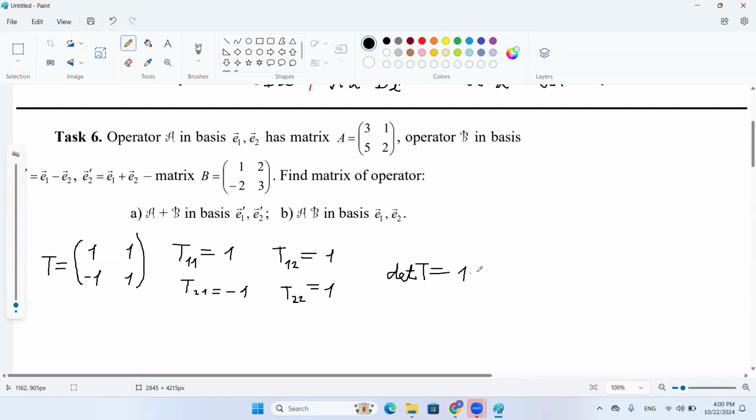So 1 plus 1, just 2. Sorry, shouldn't T of 1, 2 be equal to minus 1? Of 1, 2? Yes. So the minor is -1, and the cofactor too. So yeah, don't forget it.